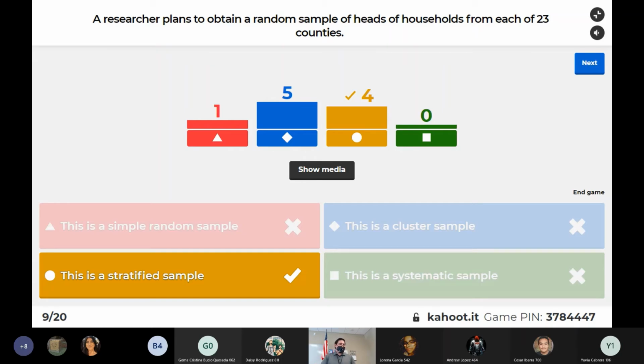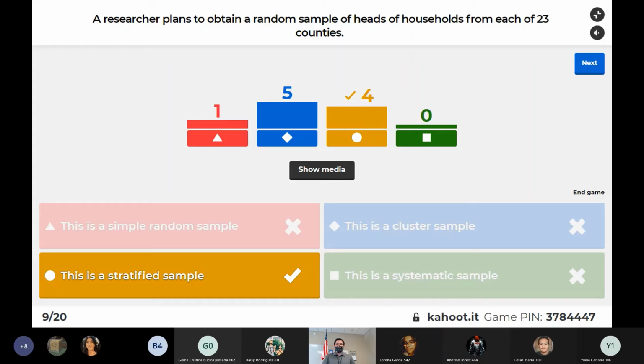Right? It's not a cluster sample, because in a cluster sample, we would separate each of the 23 counties out and then randomly select which counties would participate in the sample. And then everyone in those selected counties would be in the sample. Right?